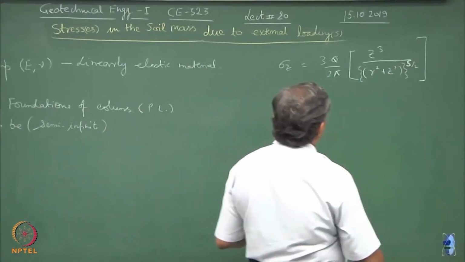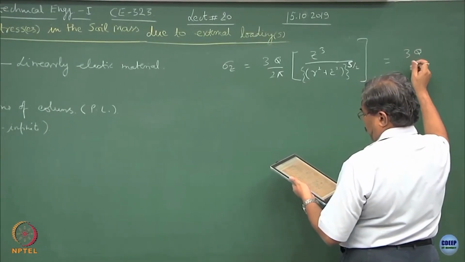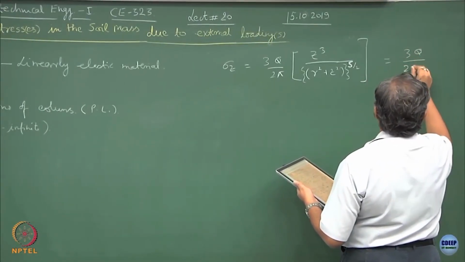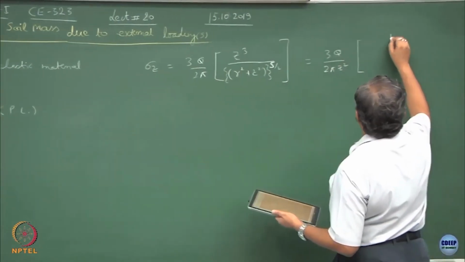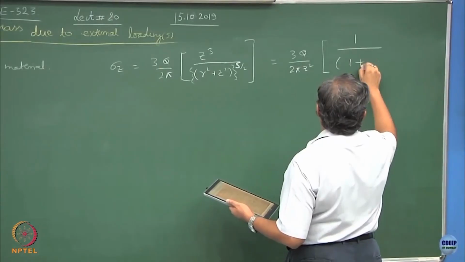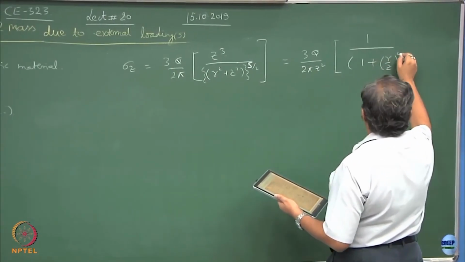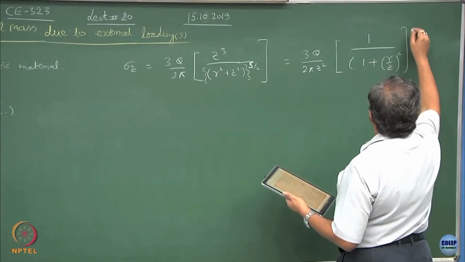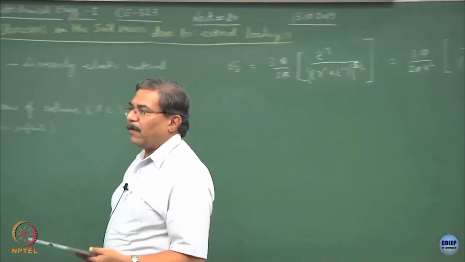This can be simplified to 3q upon 2 pi z square, and this becomes 1 upon 1 plus r by z square to the power 5 by 2. I think this one is easy to remember, alright.